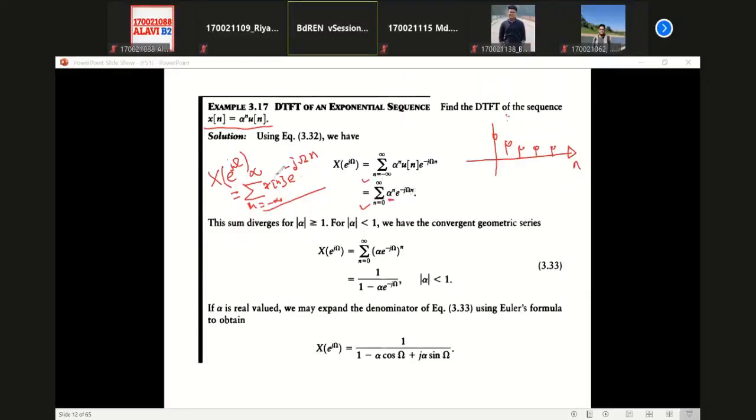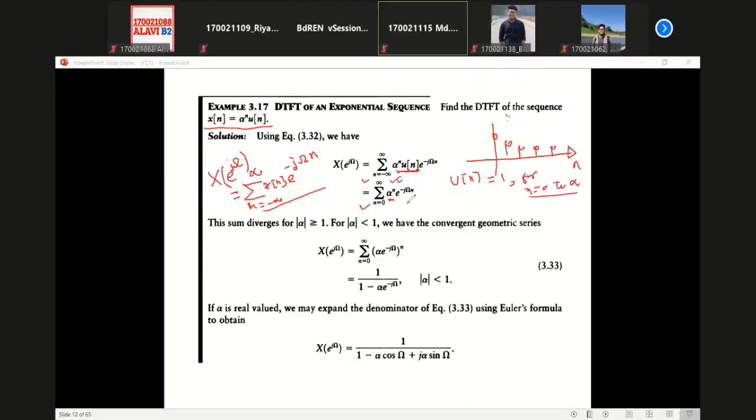For each value of n within that region, u[n] has the value equal to 1, so multiplication by u[n] in this equation will not change the signal. So the 1 is there.